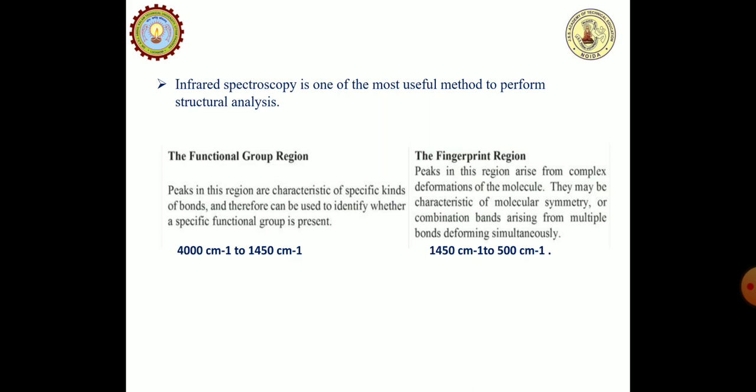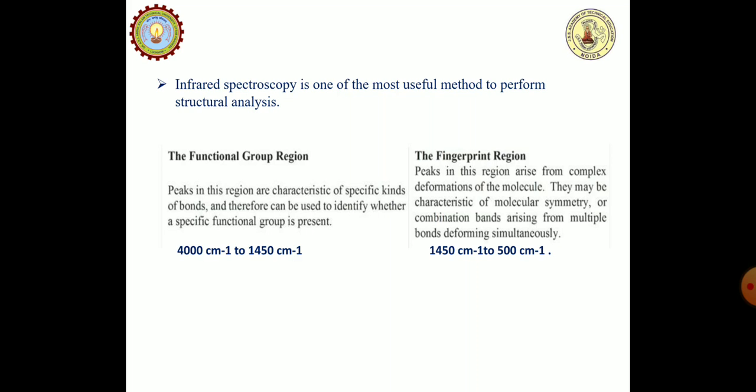Using this functional group region, it can be identified whether a specific functional group is present or absent. This region is very useful to determine the functional groups present in the molecule or organic sample. All the functional groups of organic molecules come under this range.